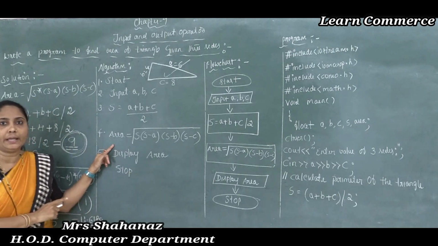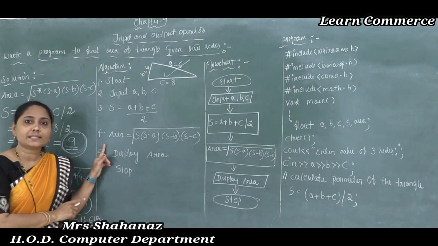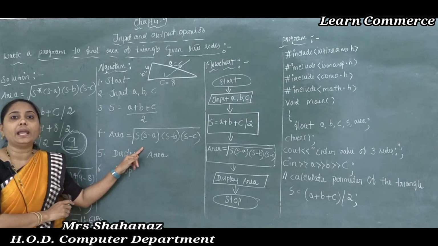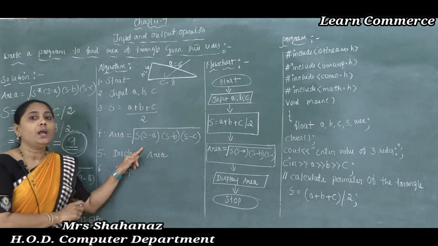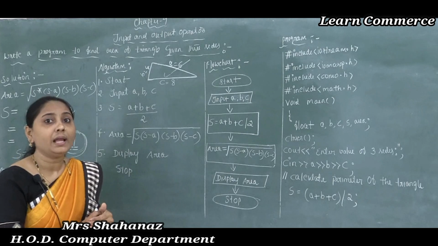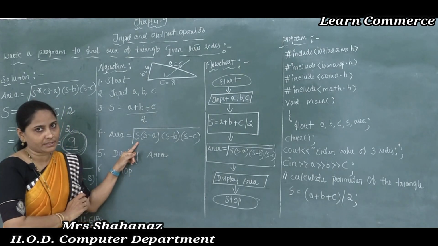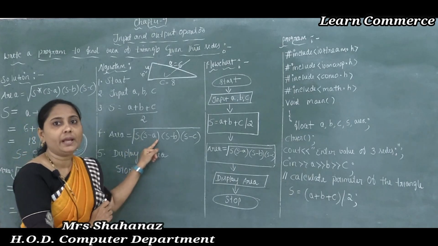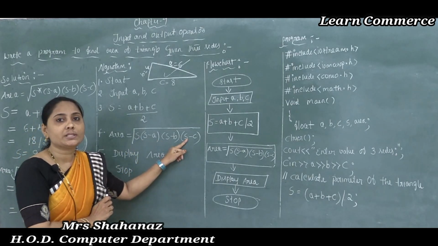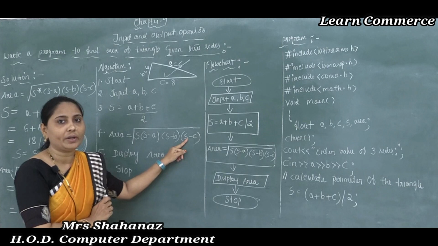You should remember it, step 4. This step 4 means the area of a triangle. What is the formula for the area of a triangle? Area is equal to square root of s into s minus a into s minus b into s minus c. So this is the formula for the area of a triangle.